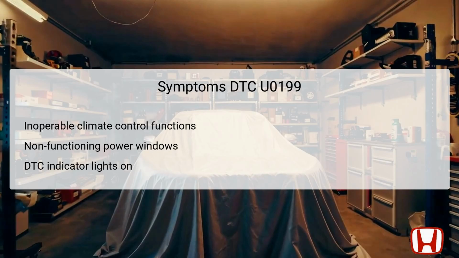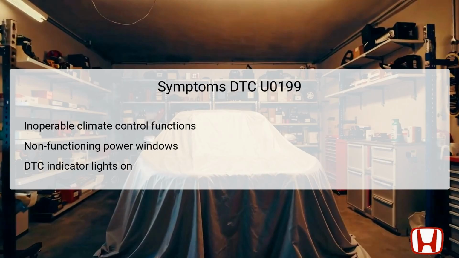Moreover, the DTC indicator lights on the dashboard will illuminate, alerting the driver to the presence of an error code being stored. Recognizing these symptoms early can significantly reduce the time spent diagnosing this issue and help in implementing corrective measures effectively.